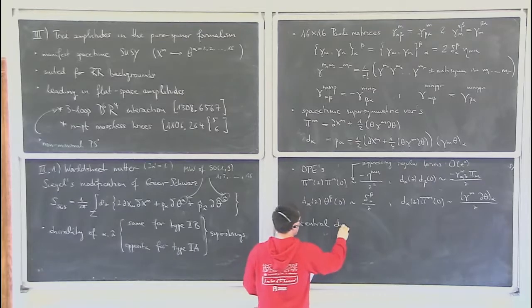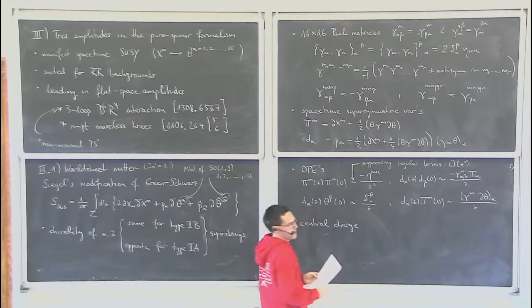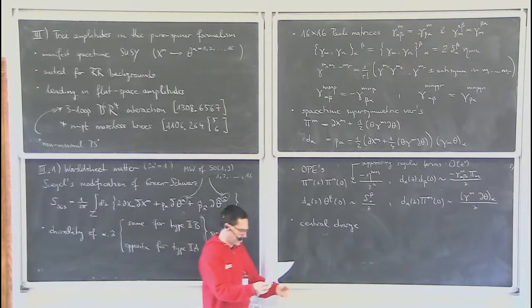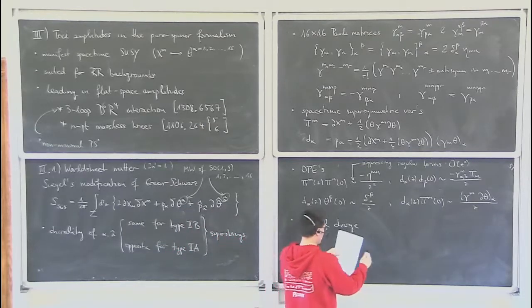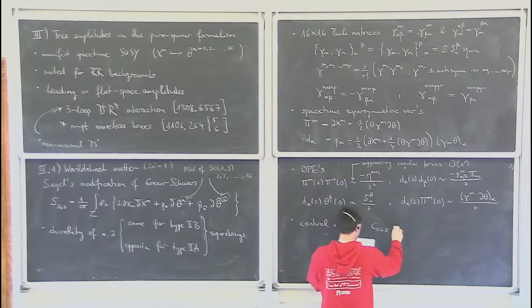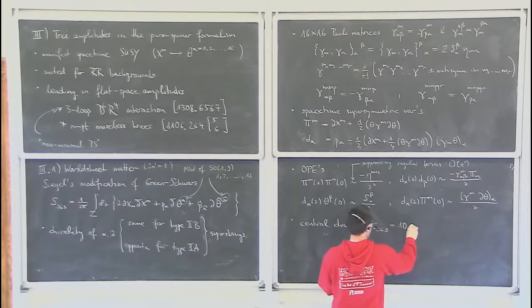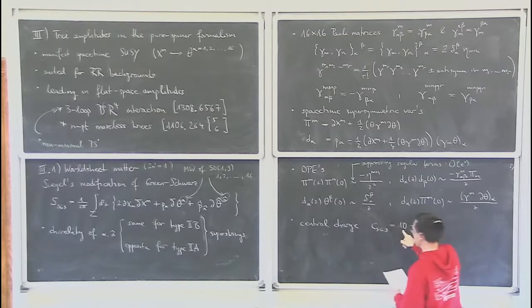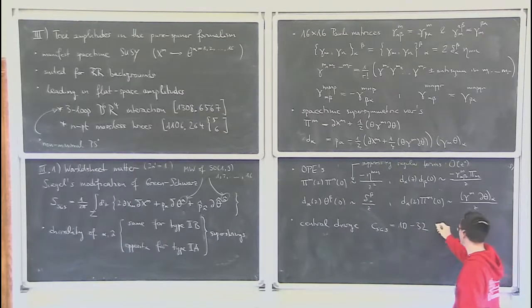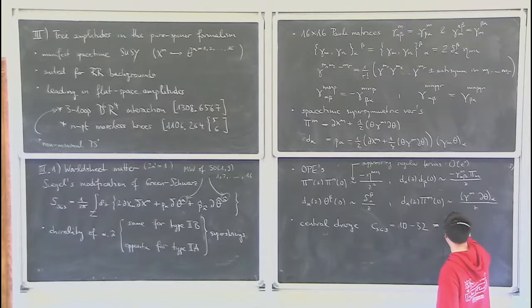I told you yesterday that in RNS, the critical dimension allows you to get vanishing central charge when combining matter and ghost sector. And here, as it stands, we just have matter fields. And by adding up their contribution to the central charge, you get plus 10 from the dx, minus 32 from the p theta system, which gives you a total of minus 22.